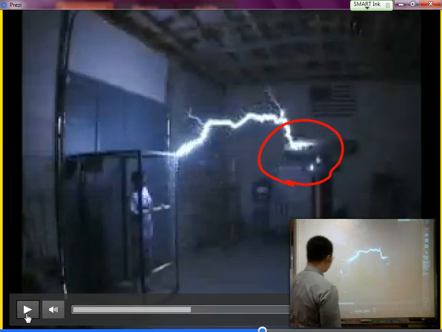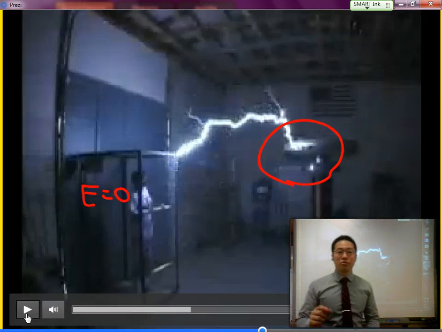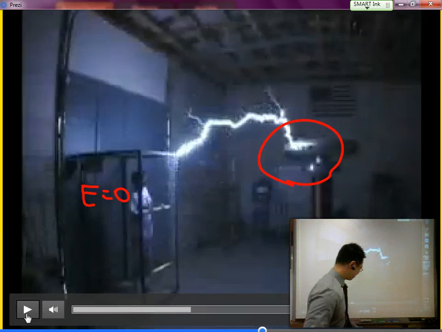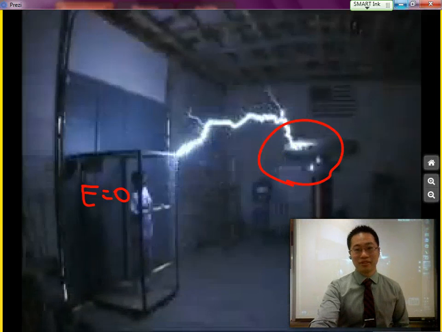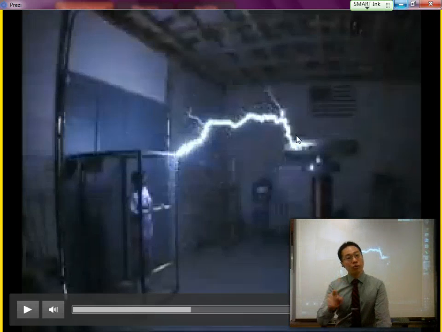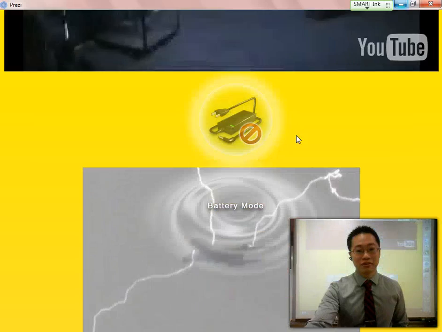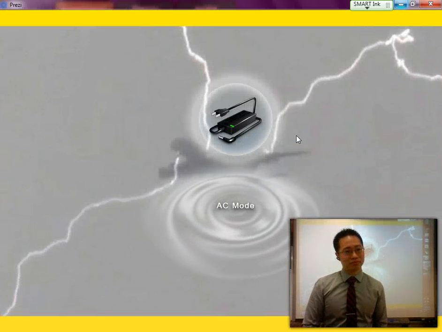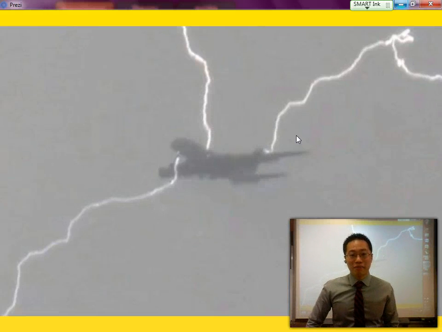And because he's inside the hollow conductor, the electric field inside is 0, no matter how much electricity strikes the outside. And this is true for any hollow conductor. You're always going to be protected from any sort of electrical strike, including in an airplane.